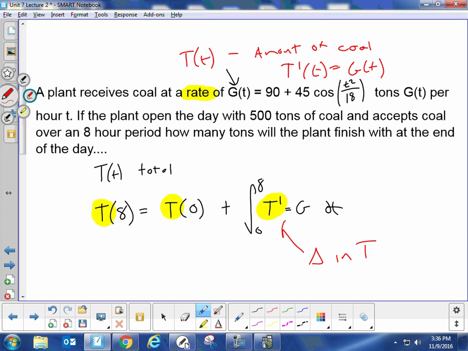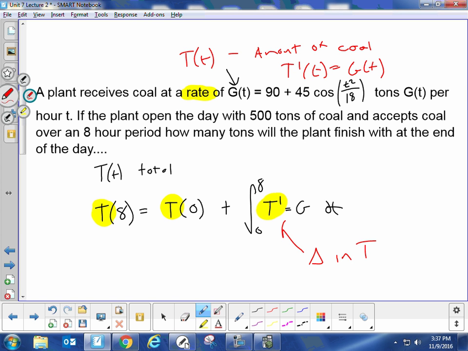If I plugged a value into G, it is not telling me how much coal has been entered. It's telling me the rate at which it is arriving. That is not great when you want totals. The values will just be positive or negative, meaning we're adding more coal, we're adding less coal, et cetera. But if I find the area under a rate, all of a sudden I have a total, a change in an overall.